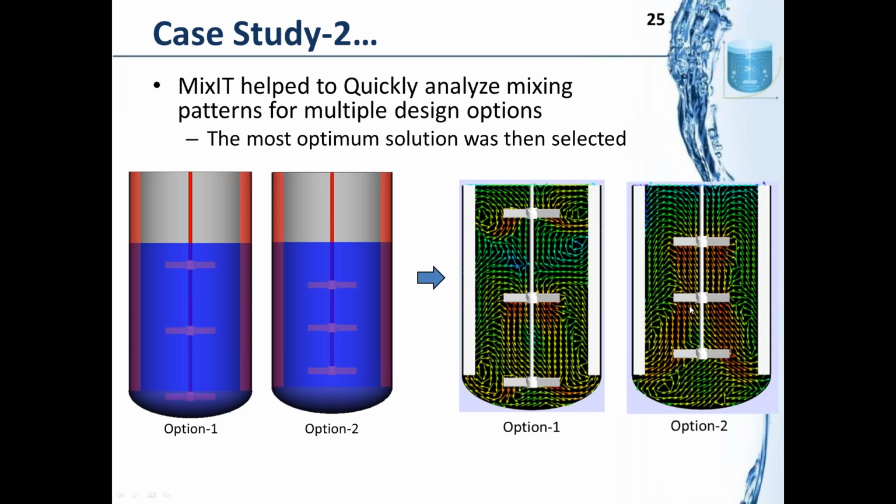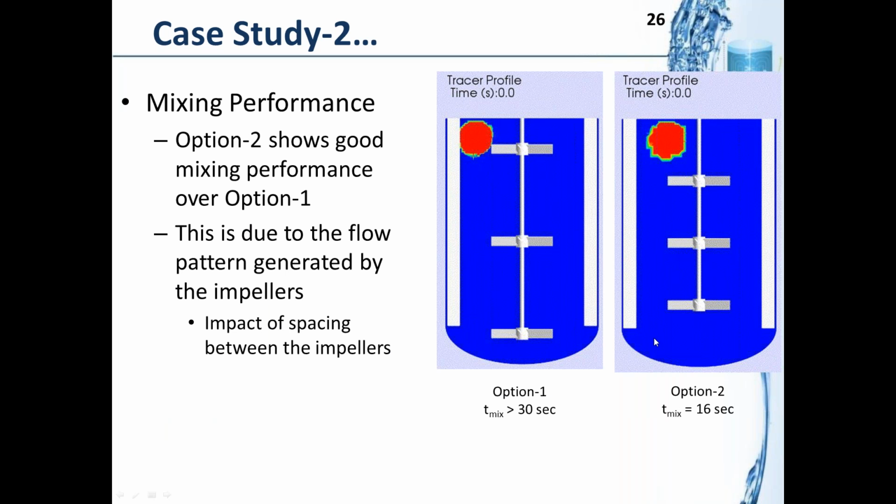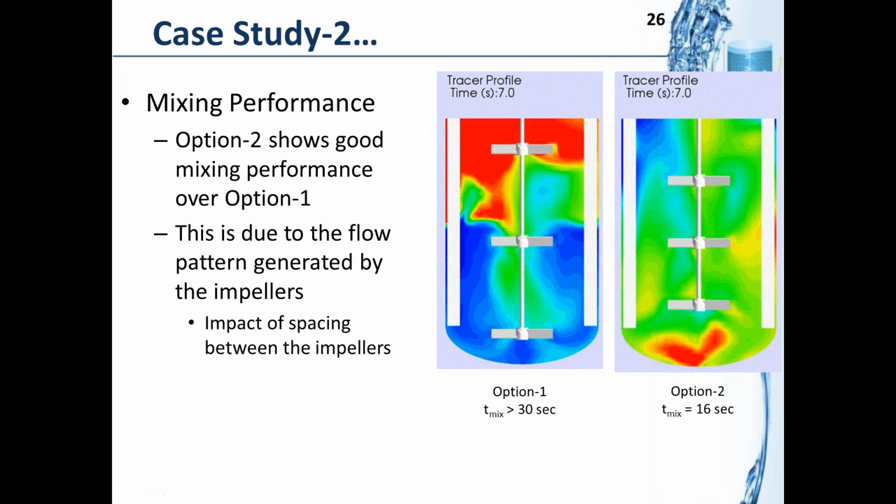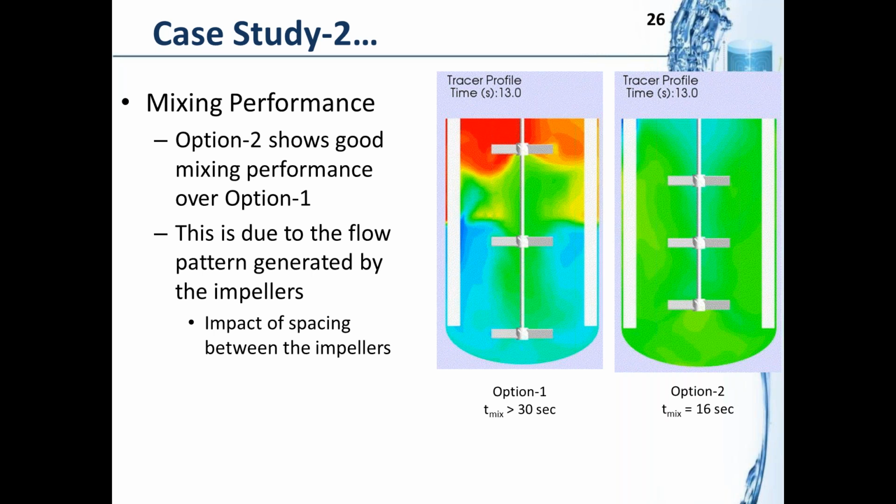However, in this case, all three impellers are interacting, and we can see quick mixing of the tracer or the added reagent, and the desired mixing time is 16 seconds.